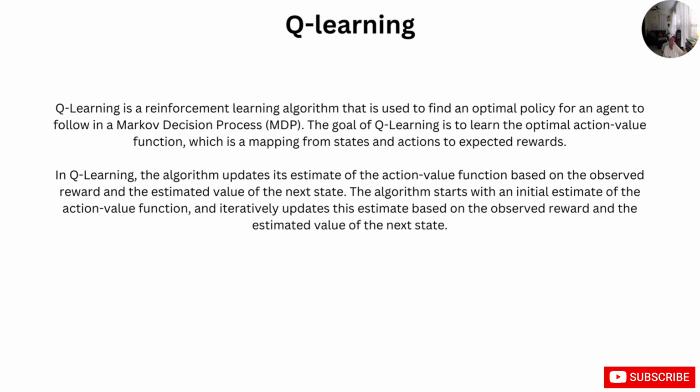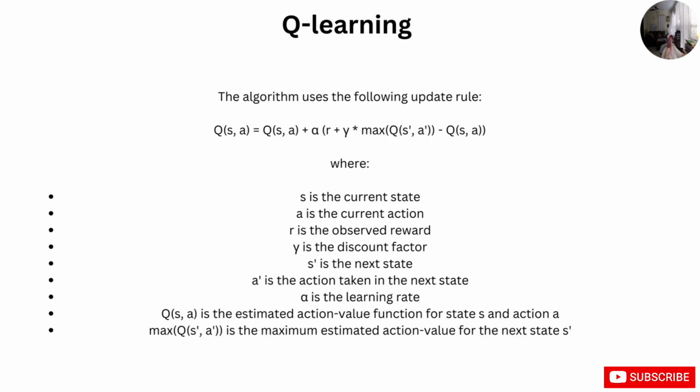The algorithm starts with an initial estimate of the action value function and iteratively updates this estimate based on the observed reward and the estimated value of the next state. The algorithm uses the following update rule.